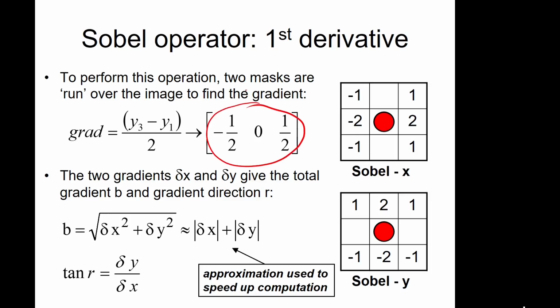So we extend that a little bit, and rather than just take the values at either side, we take the values above and below as well. It just adds a bit of smoothing to the function, gets rid of a bit of noise. But essentially you have that ratio if you're subtracting from this side and adding on this side to get your value in there. This is the x direction. You can do it in the y direction similarly. And you can find a magnitude and direction of that if you want by just taking the values of here and doing the calculation.